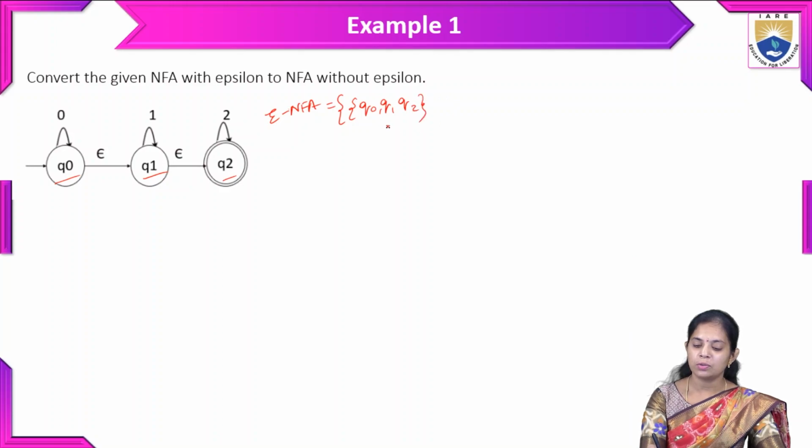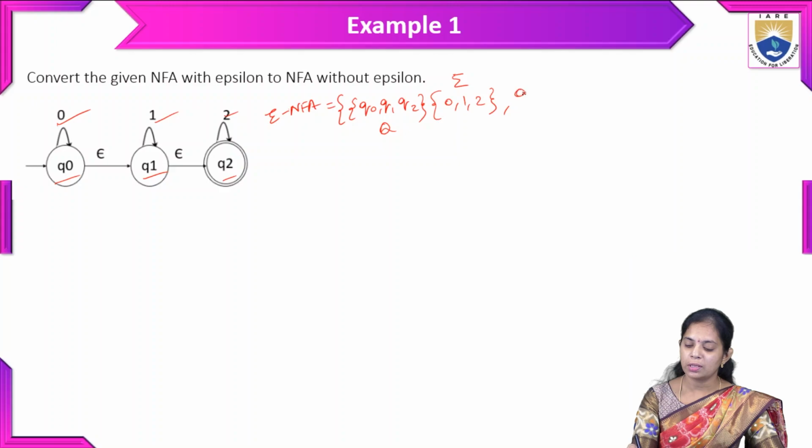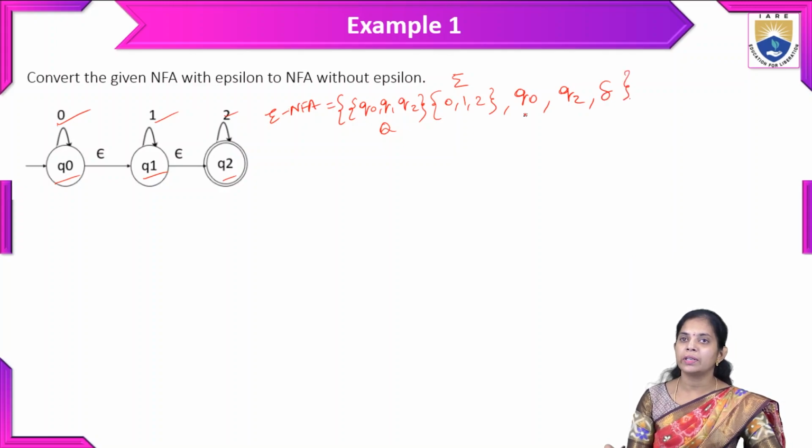And sigma is the input values: 0, 1, 2. Next epsilon is there, Q naught is the initial state and the final state is Q2, and delta we need to write. By seeing this, we can write the transition table also.